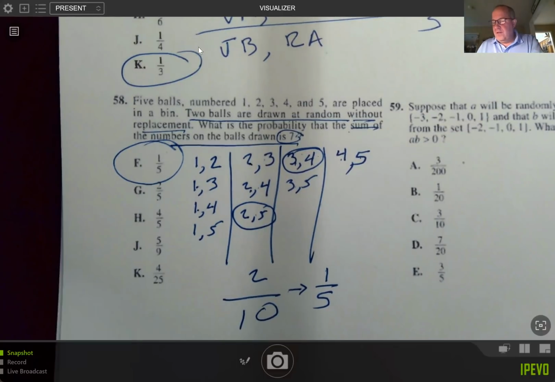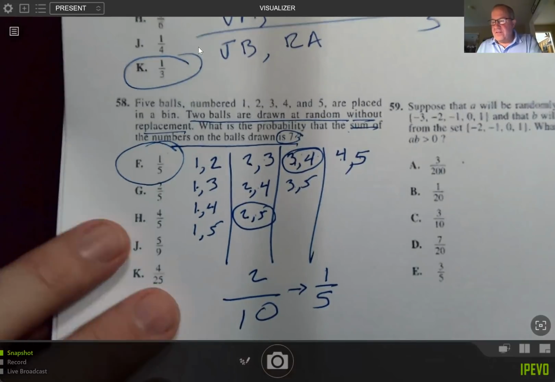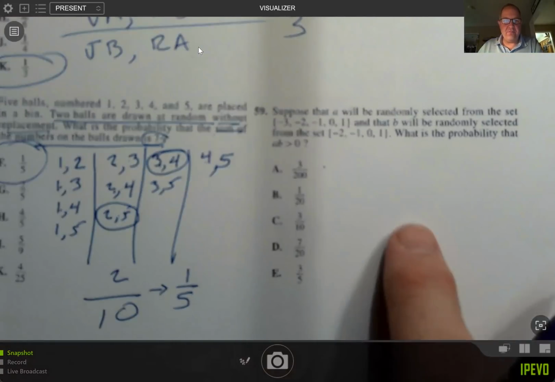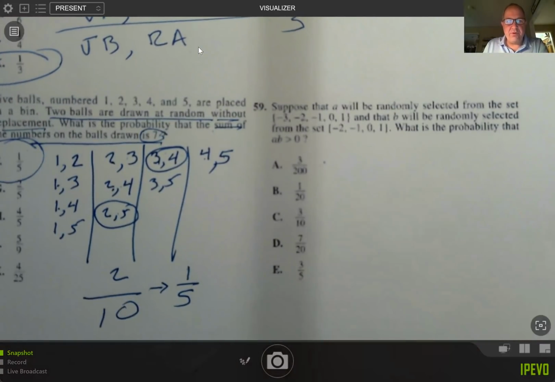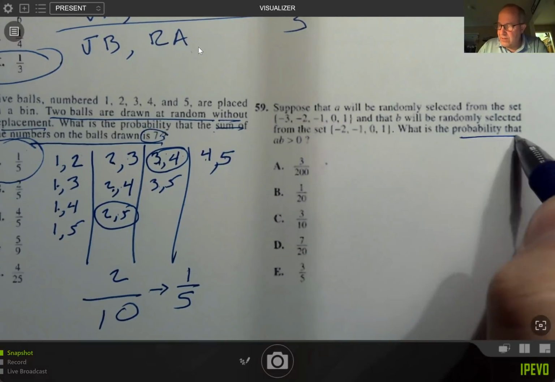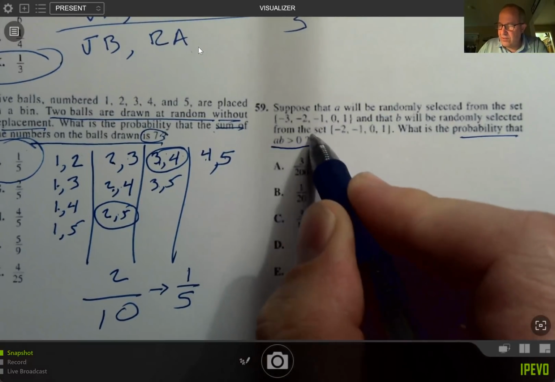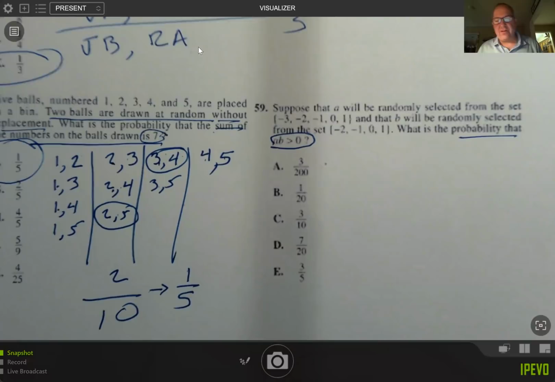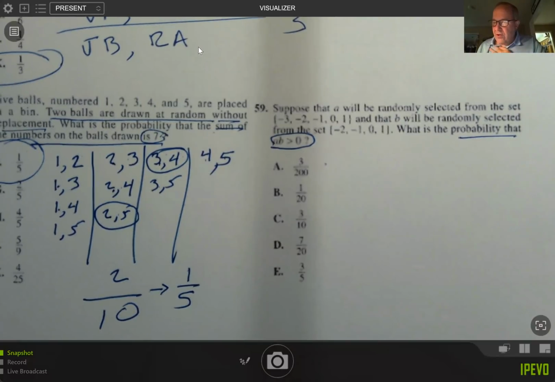Now, a couple years later, ACT did a very similar question, but they put more numbers in there, right? Instead of just being a collection of 5 different balls, it's 2 different sets, A and B, and they want to know what's the probability that A times B is greater than 0. Now, we could do some other math stuff on here, but I think it'd be helpful again to write out all the possibilities.